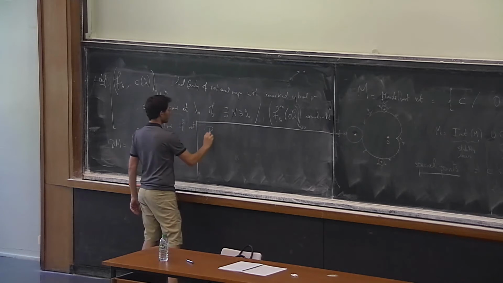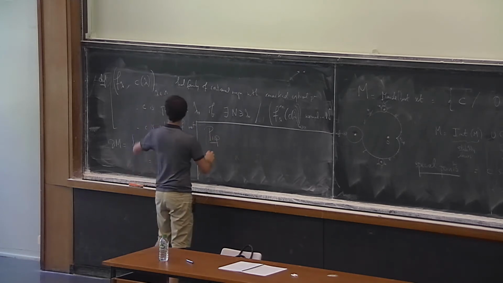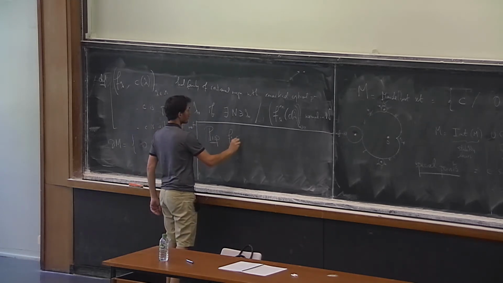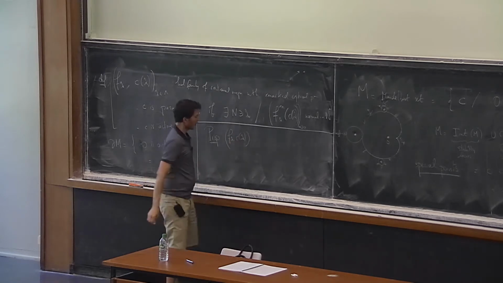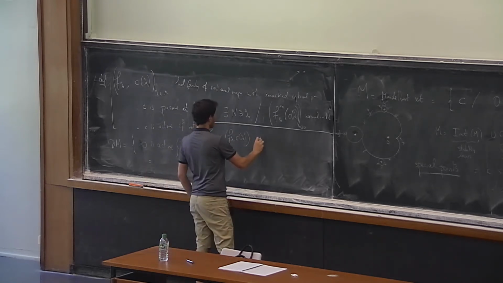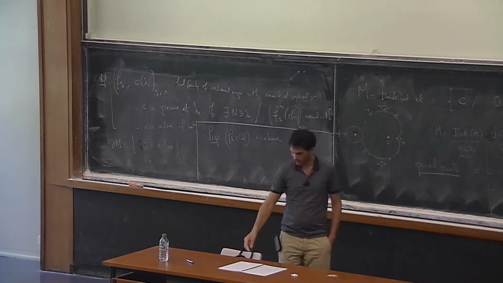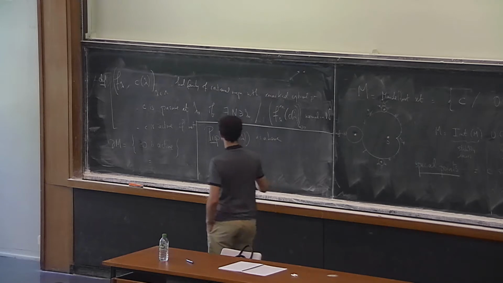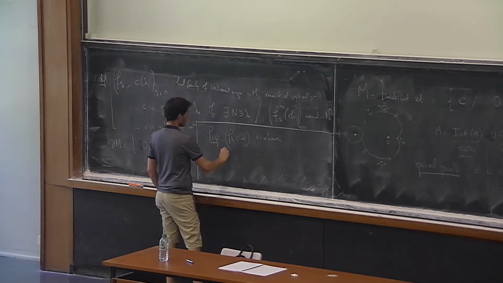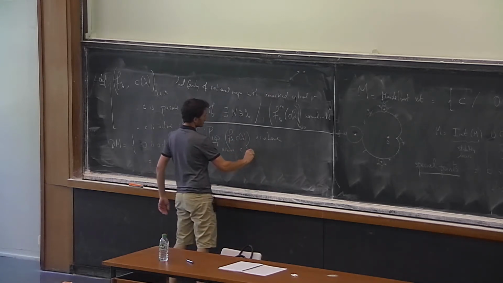Proposition. So in the same context, I take a family of rational mappings with a marked critical point, and assume that c is active at lambda naught.